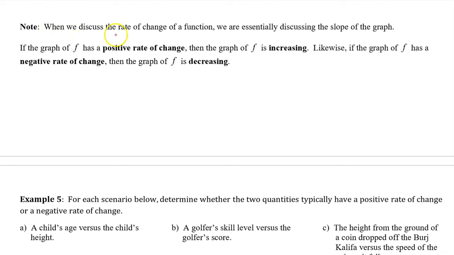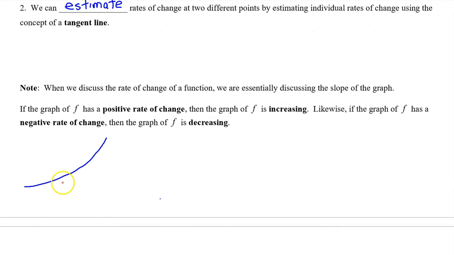Note that when we discuss the rate of change of a function, we are essentially discussing the slope of the graph. Notice that an increasing function like this one will have a positive rate of change at every point. That's because for an increasing function, no matter where you put the tangent line, it always has a positive slope.